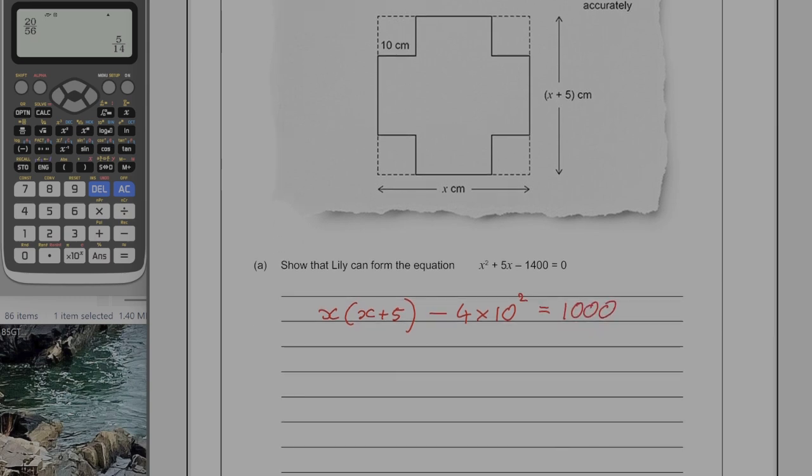Right, so that's going to give me x squared plus 5x minus 400 is equal to 1000. And then if we take everything over to the left, that would give us x squared plus 5x minus 1400 is equal to 0, which is what she's got.